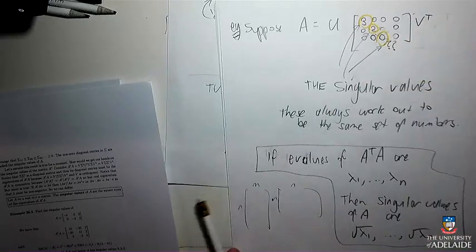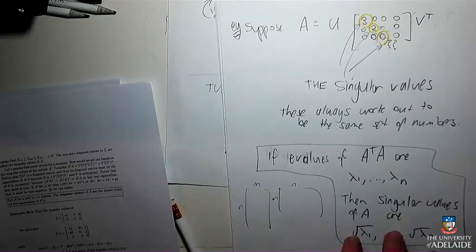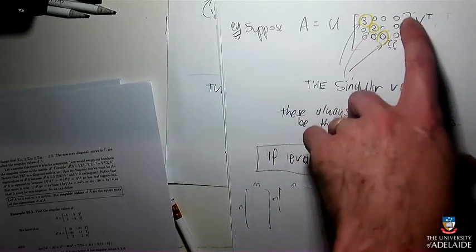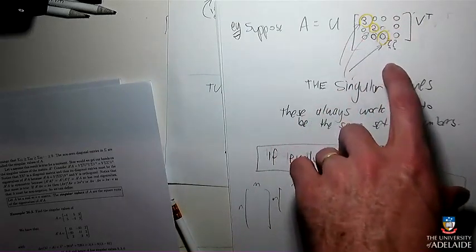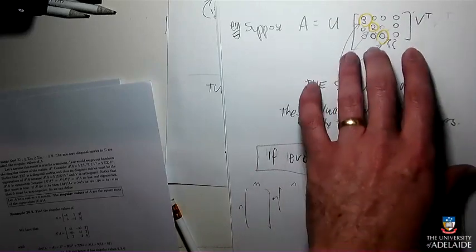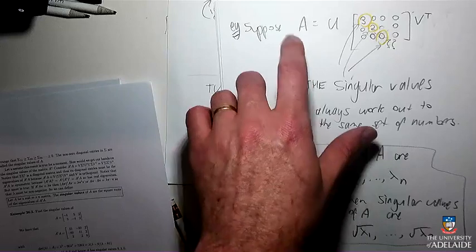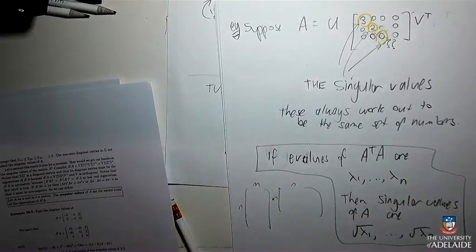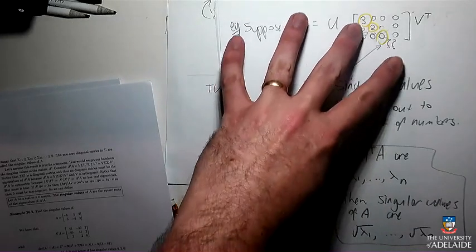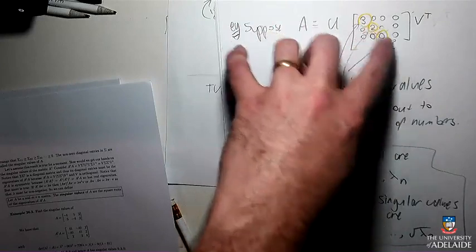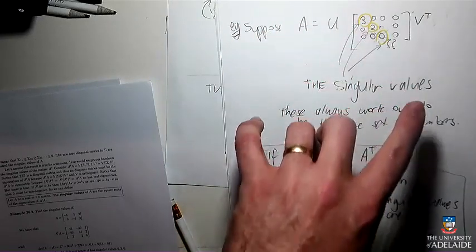I don't know. I think that if this is true, this matrix here has more columns than rows. And so when I do A transpose A, that's the same size as this. A transpose A will be a 4 by 4 matrix which will have 4 eigenvalues and therefore 4 square roots. And we can't fit 4 things on this diagonal.